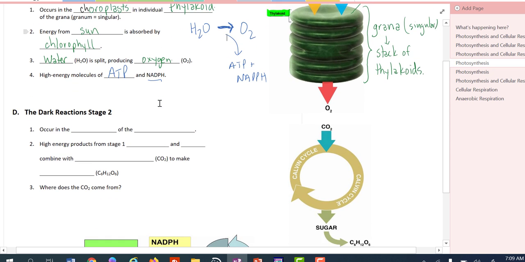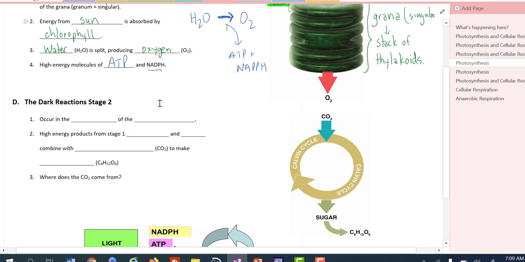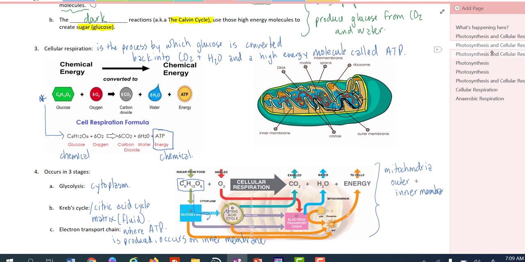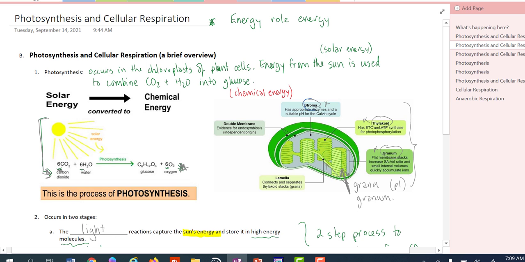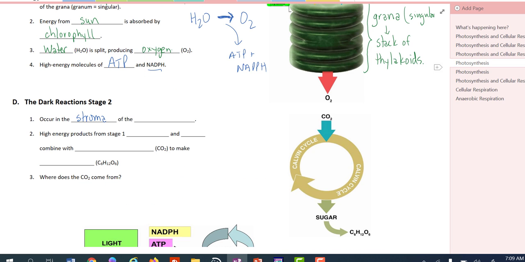Second stage, now this stage occurs in the stroma. So if I go back and show you that picture again, the stroma up at the top, this is the fluid. Remember I circled this one. So this is kind of the fluid of the chloroplast, and the dark reactions occur in the stroma of the chloroplast.